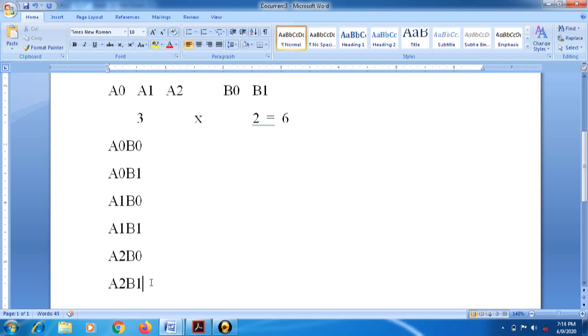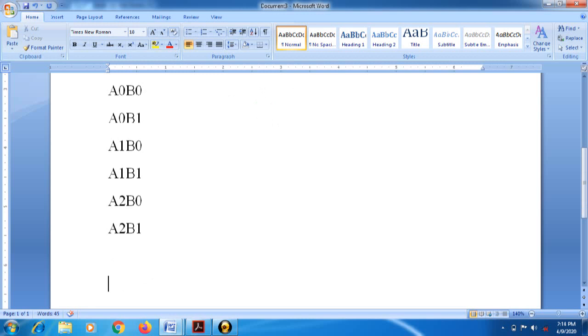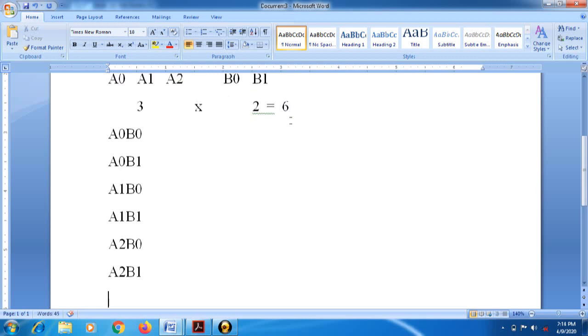So first we will design its transition table, so it will be easy to draw its transition diagram. So right now we have seen its total states. Total states are 6. These are the states. So first we will draw its transition table.